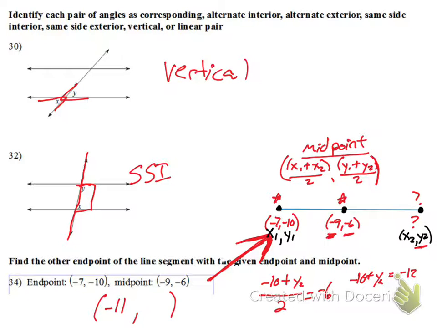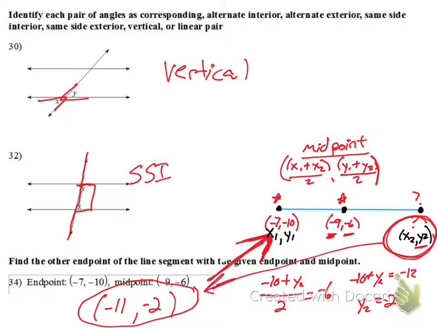So then I'd add 10 to each side, and y2 is going to equal 2, a +2. No, sorry, -2. And then this is your final answer right here. So that means this endpoint right here would be these coordinates.